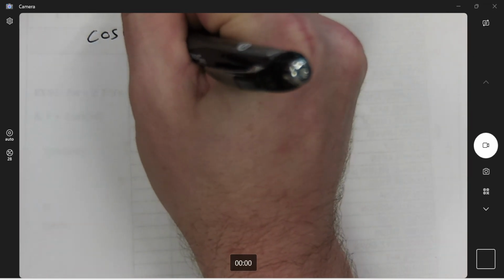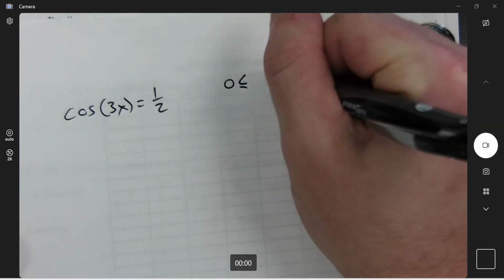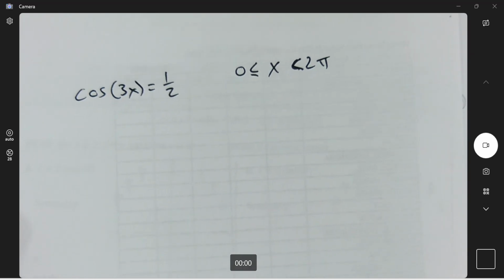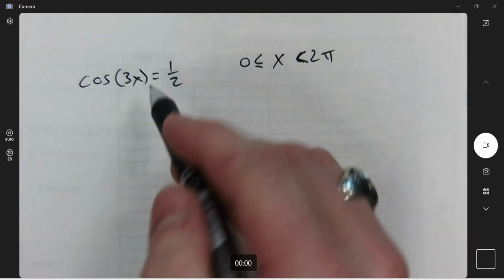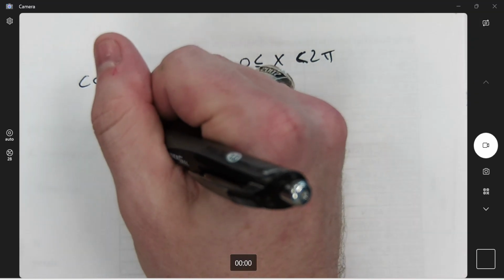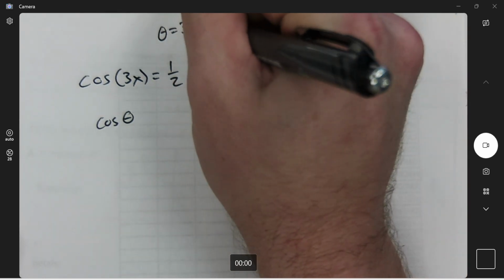If I had said, hey, cosine of 3x equals 1/2, and I told you to go from 0 to 2 pi, what we said we should do is make a substitution right here. Instead of saying cosine of 3x, how about we say cosine of theta, where theta is now equal to 3x.